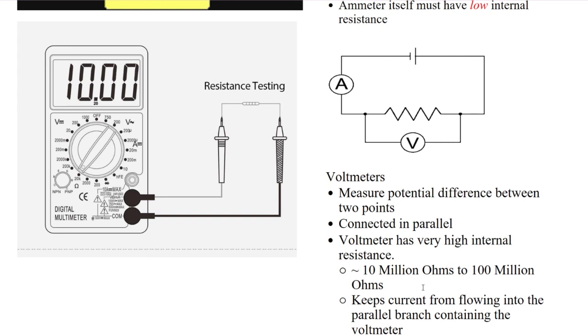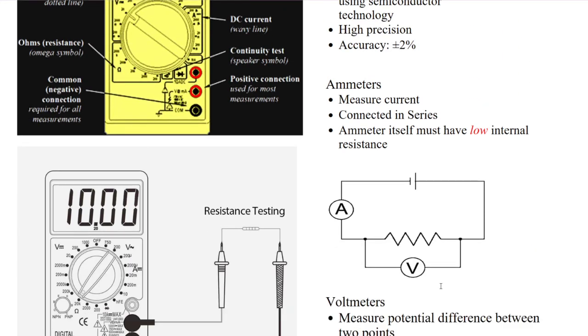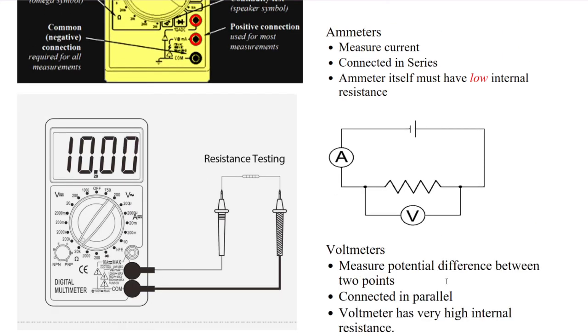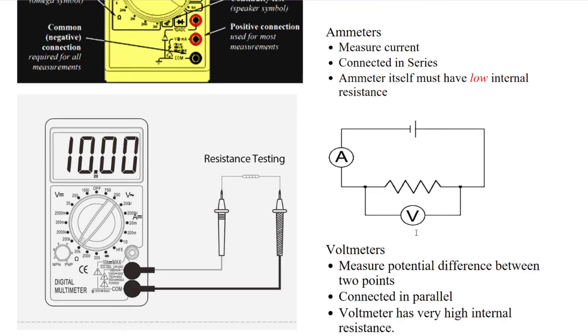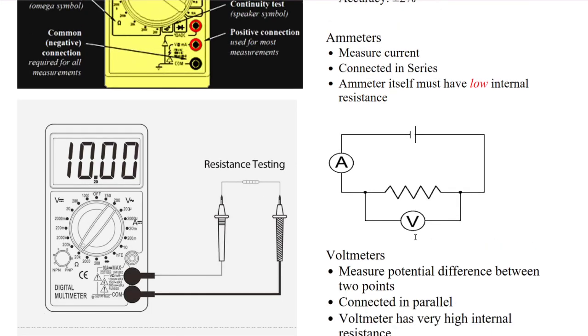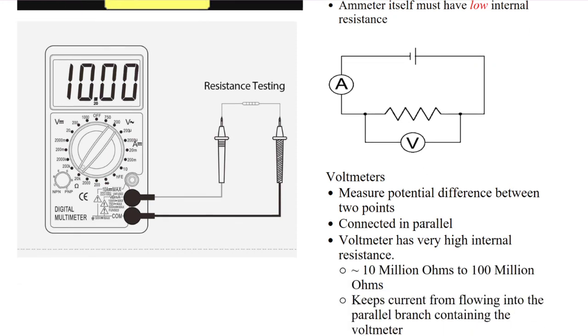That is the main takeaway that I want you to remember in digital multimeters. Your ammeter settings run on a different circuit internally within the multimeter than your voltmeter settings. An ammeter has very low internal resistance, while a voltmeter must have very high internal resistance.